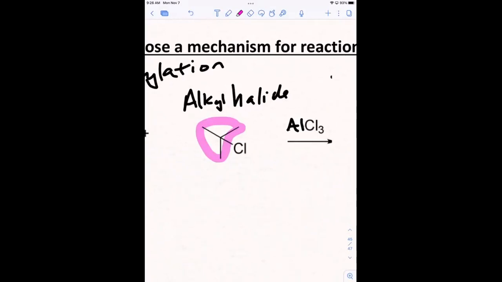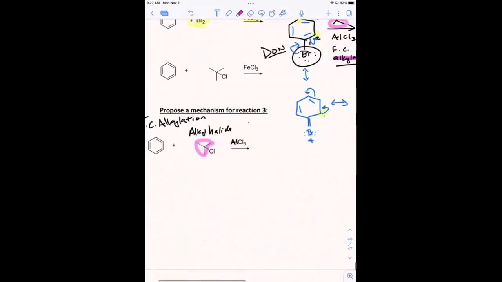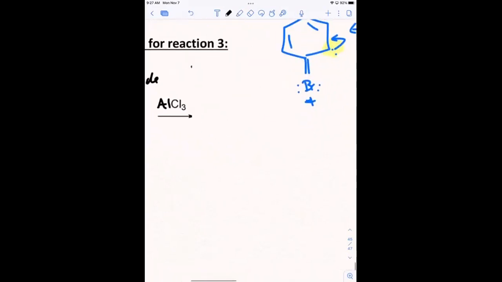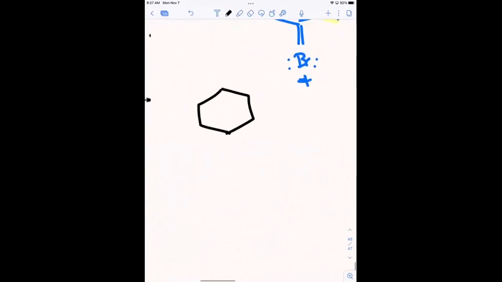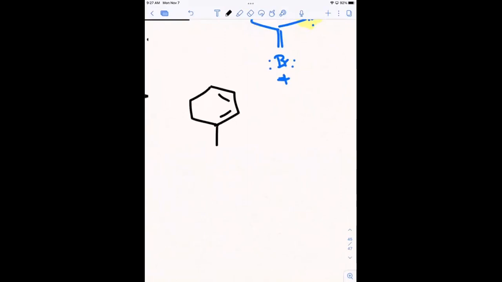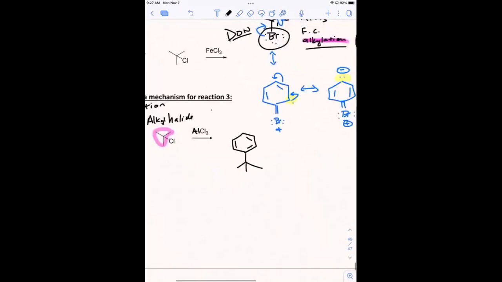So you complex it with the metal and pull off the halogen, or make the reactant more amenable to accepting a pair of electrons. All right, that's the alkyl group that gets added.